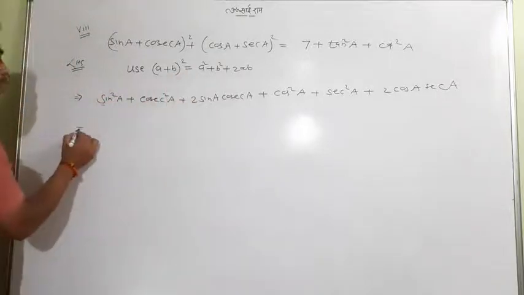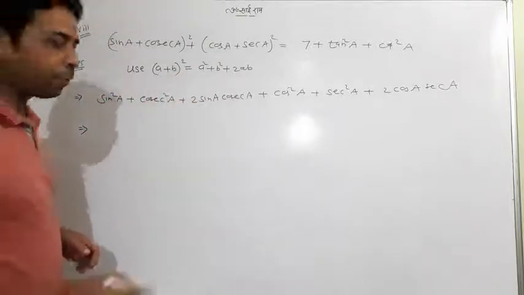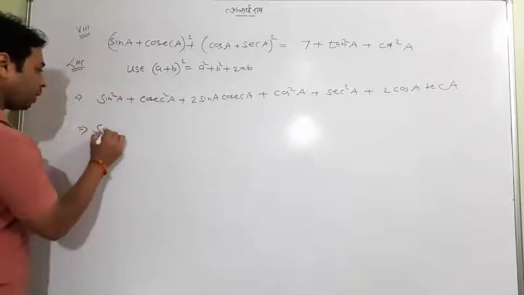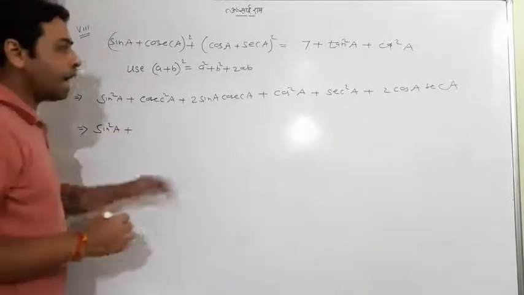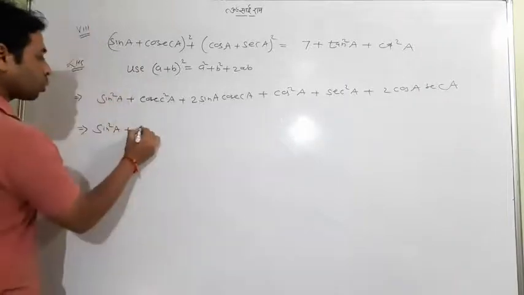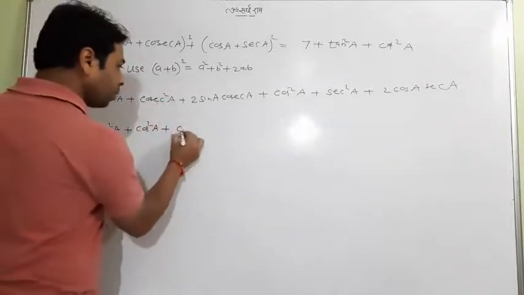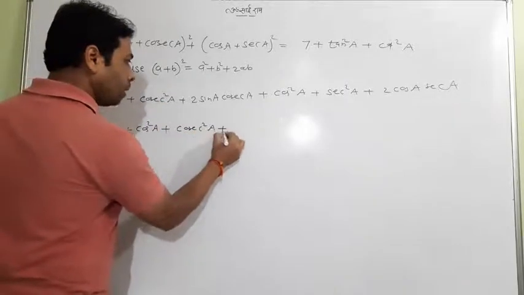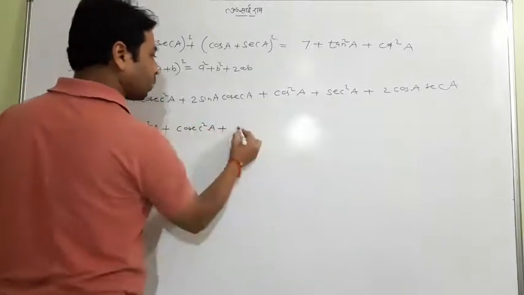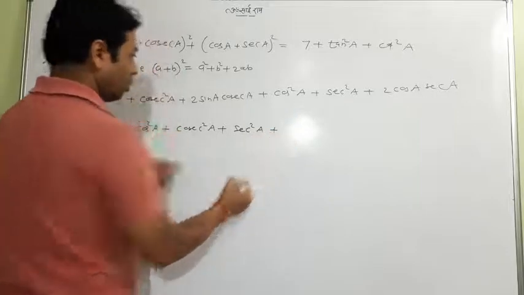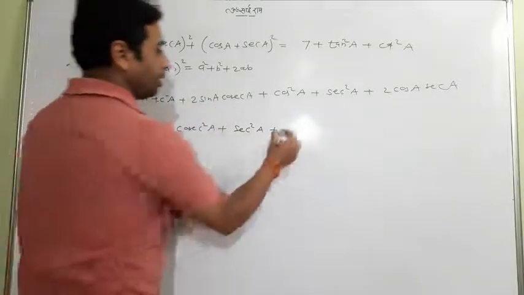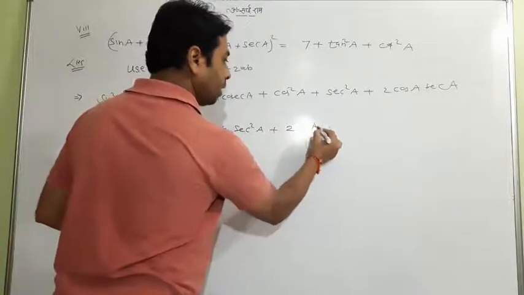Now let me write a few terms which are in our favor. Sine square a, and I want to write along with it cos square a, cosec square a plus sec square a. Then 2 sine a cosec a.